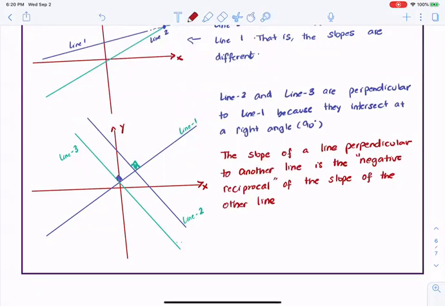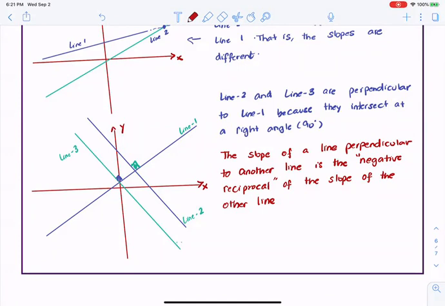the negative part one can understand easily because line 1 here has an increasing slope. Line 2 has a decreasing or negative slope. So clearly, if one line has a positive slope, the other, which is perpendicular to that line, will have a negative slope. The reciprocal part requires some advanced math, so I'm not going to get into that in this class.